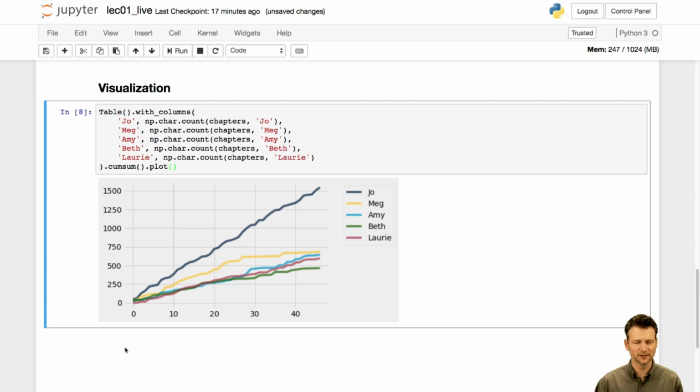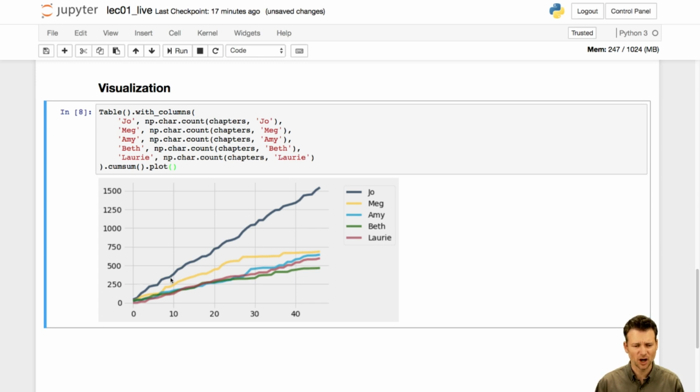So you can see here this nice line graph that shows how many times each person is mentioned as you progress through the book. The x-axis is the chapter count, starting from the first chapter and going on to about the 47th chapter. Each line corresponds to one person.